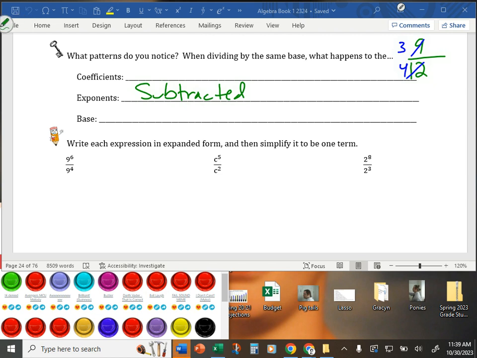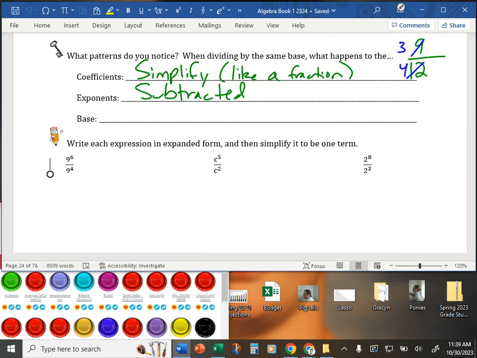You don't want to divide it and have a decimal. Okay? Simplify. So coefficients, simplify, and in parentheses, I'm going to put like a fraction. Okay. Simplify like a fraction.